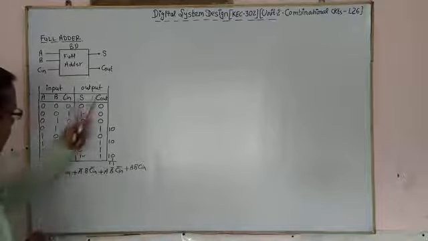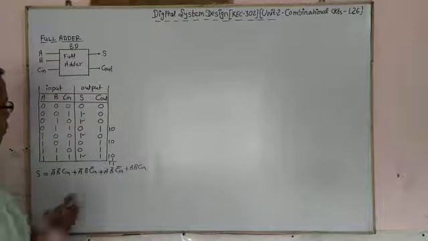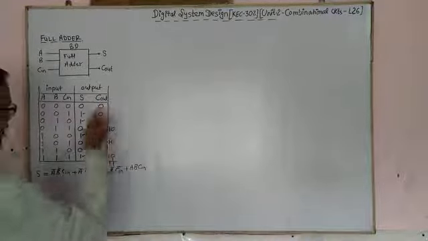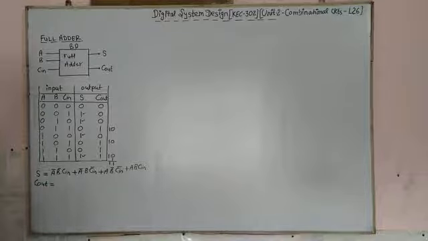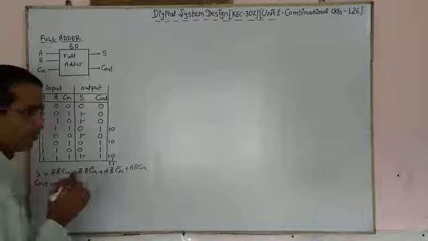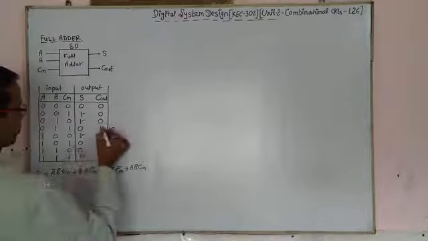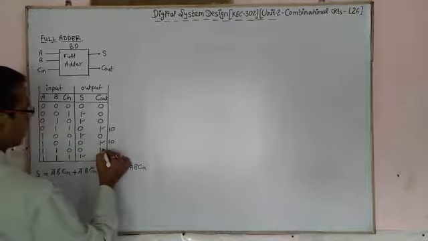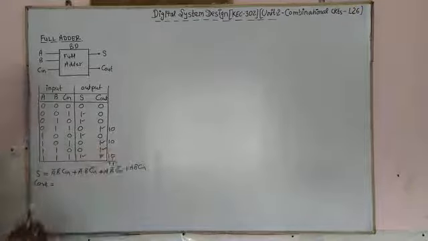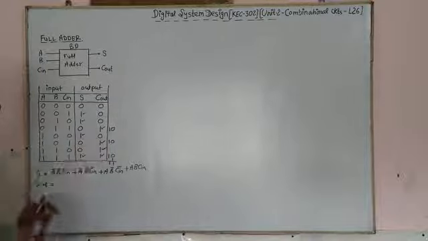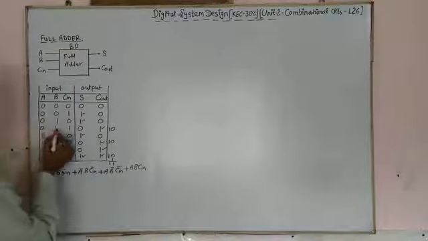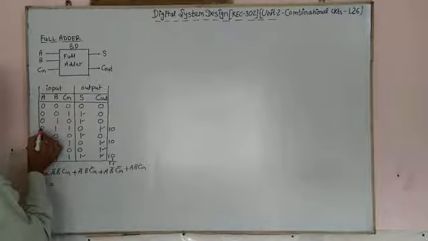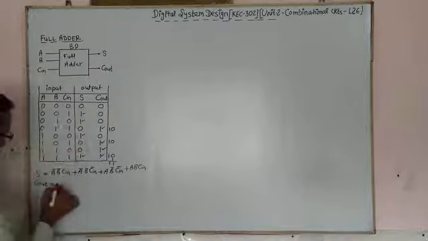Similarly, you can also calculate the logical expression for the C out. We will observe 1 at four locations here also. For the first one, what is the address or location? 0, 1, 1, meaning A bar B C in.